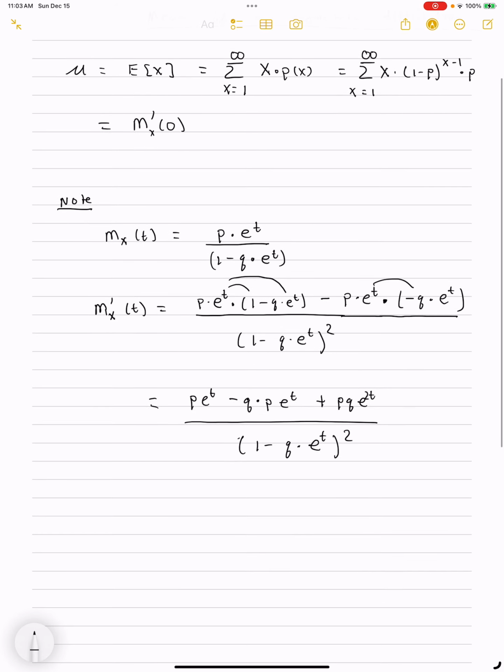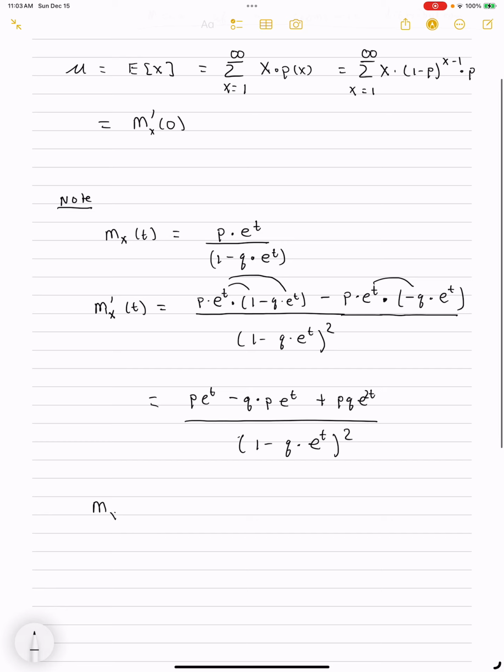The next thing I'm going to do is evaluate this derivative with t equal to 0. And I'm going to just note e to the 0 is 1. So wherever I see e to the 0, I'm going to replace it by 1.